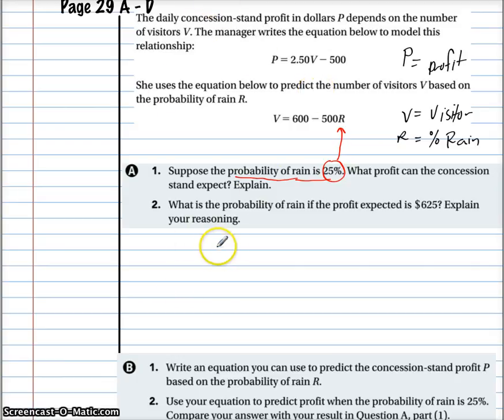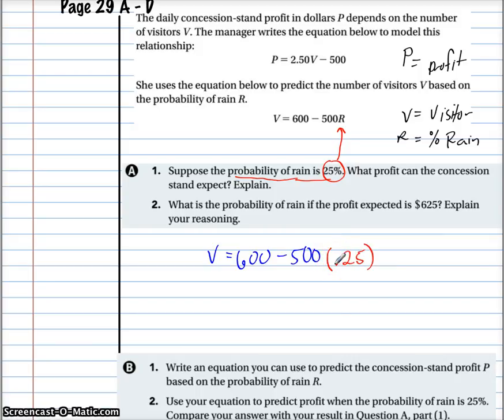Okay, so we'll say V. Let's do this in a different color. We'll say the visitors is equal to 600 minus 500 times the probability of rain. Our probability of rain is 25%, 0.25.